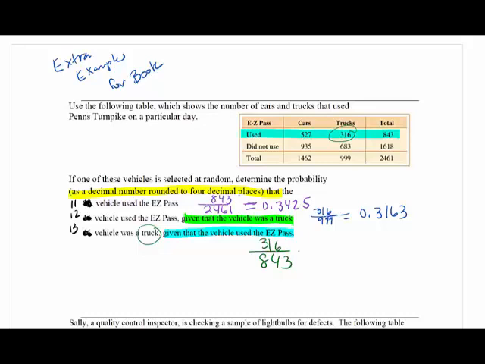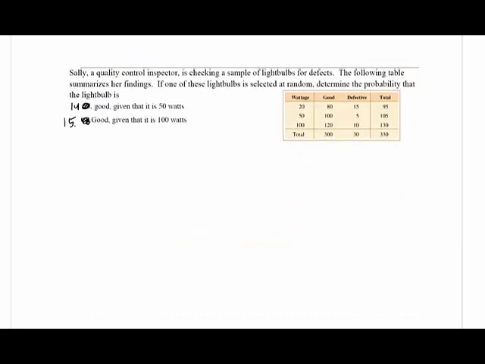Put the 316 over 843 in your calculator, and you should get 0.3749. Start with the given if it has it. Number 11, there's no given, so use the total in the whole chart. 12 and 13 had a given that restricts your total possibilities. So looking at our last two, again, pause this and please try to do them on your own using this chart.